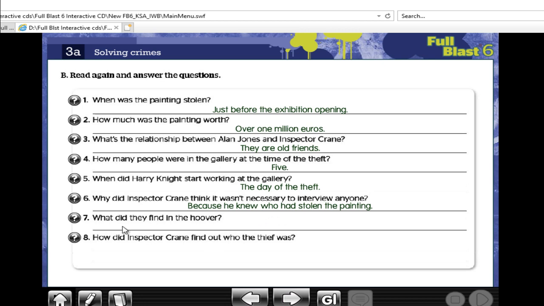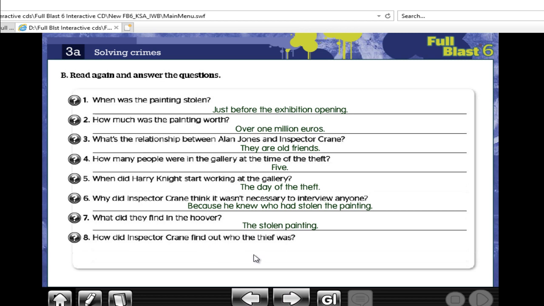Excellent. Number 7. What did they find in the Hoover? Of course, they found the stolen painting. Question number 8. How did Inspector Crane find out who the thief was?